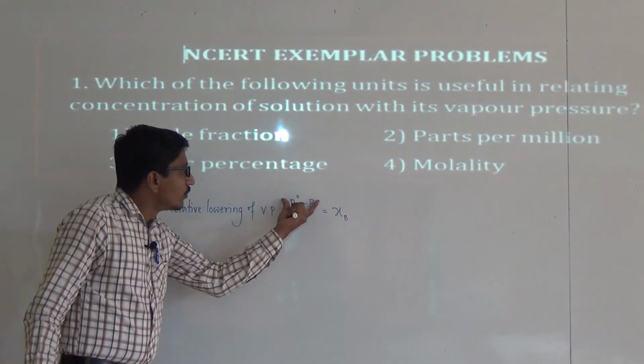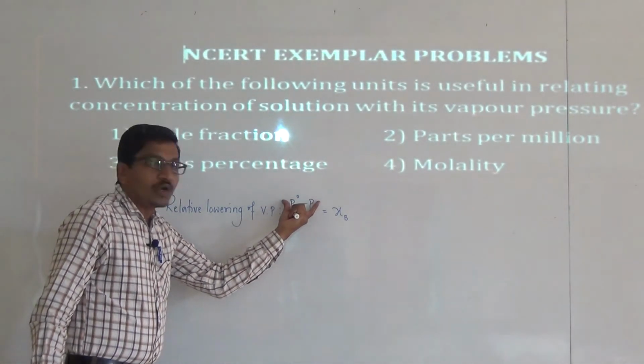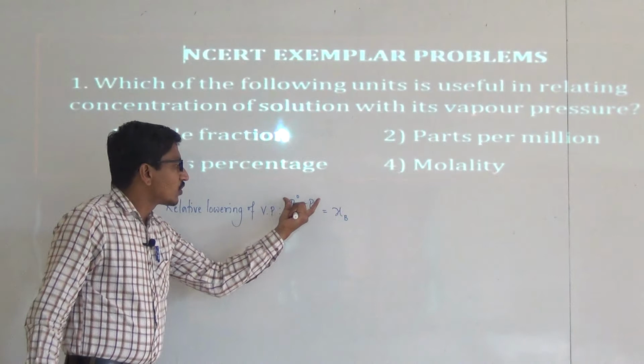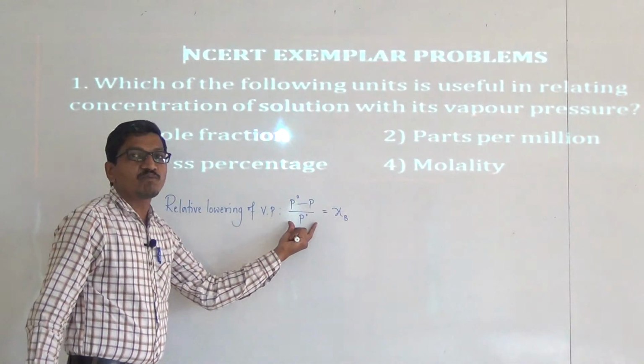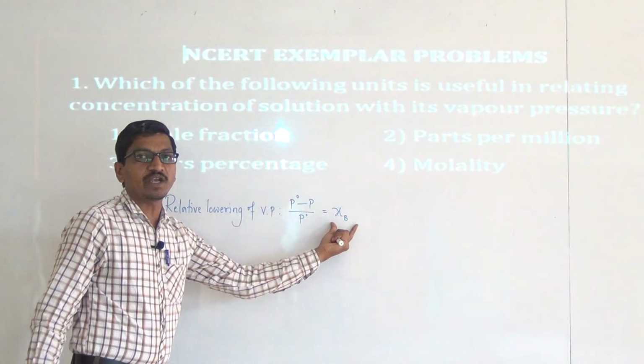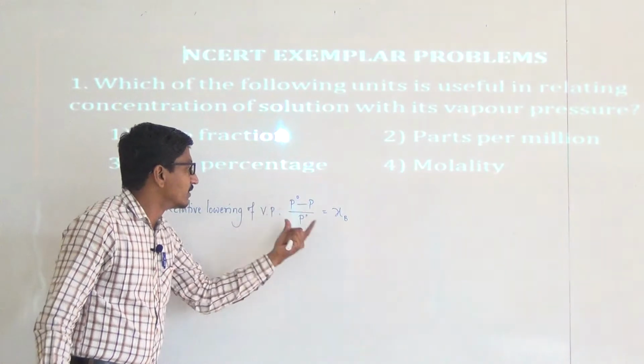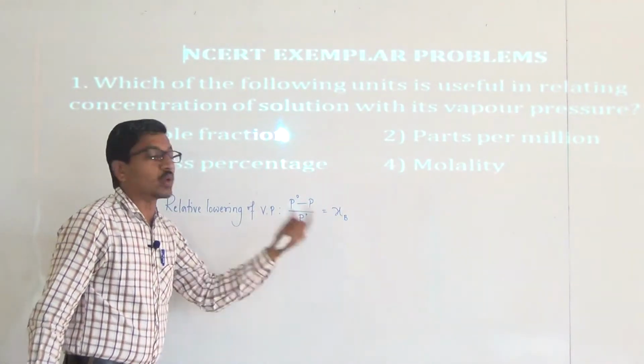It is the ratio of decrease in the vapor pressure of solution to the vapor pressure of pure solvent, and it is always equal to the mole fraction of solute when the solvent alone is volatile. This is another statement of Raoult's law.